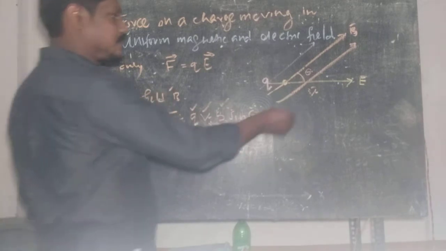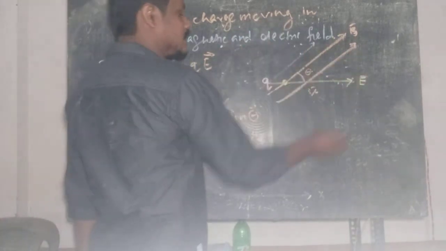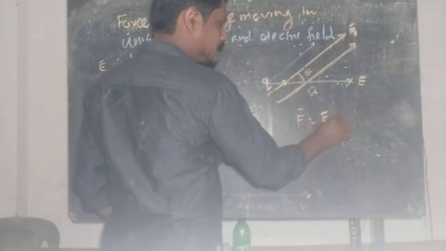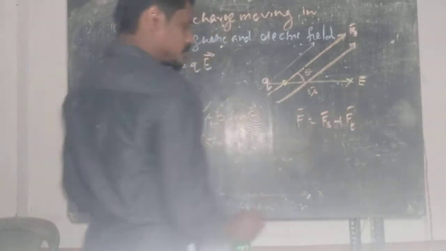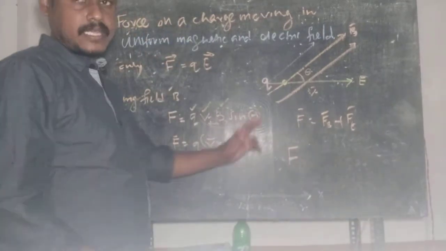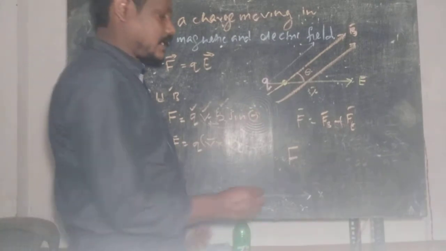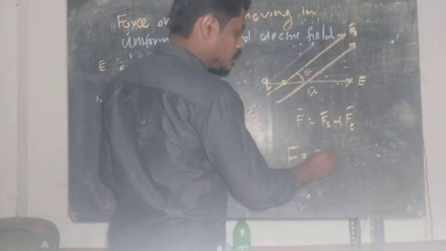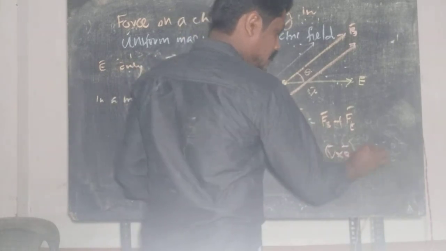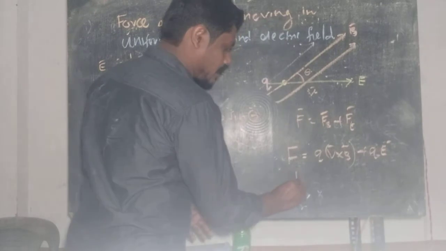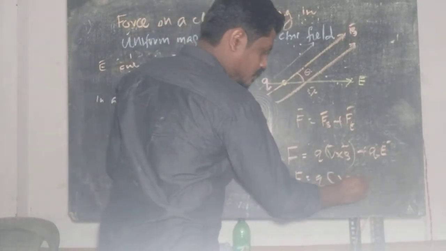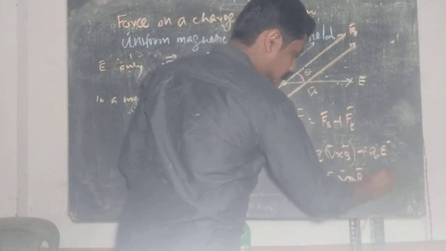So if that electric charge is moving in this combined field, the net force will be the sum total of the magnetic force and the electrostatic force. So the total force from the electric field and magnetic field is F equal to Q into V cross B, the magnetic force, plus the electrostatic force, or we can write F equal to Q into V cross B plus E vector.